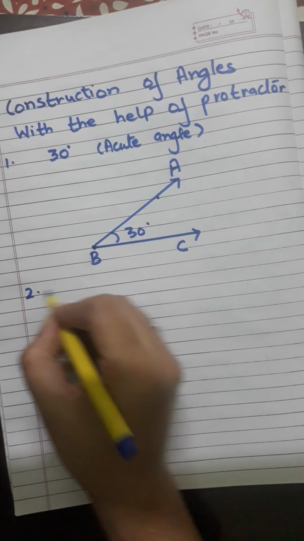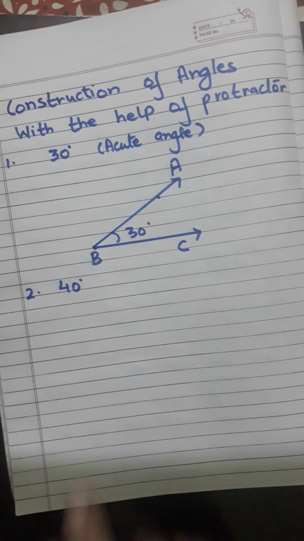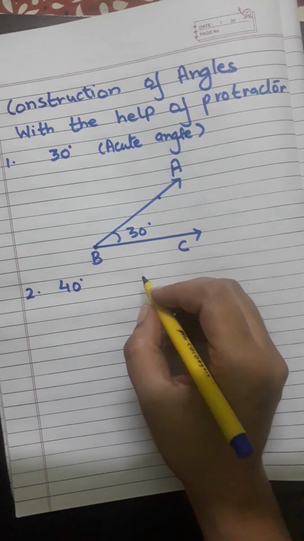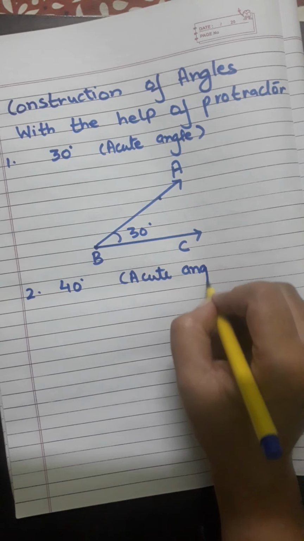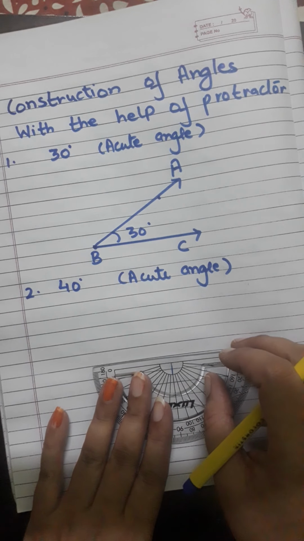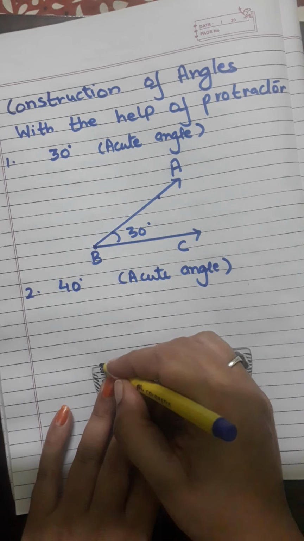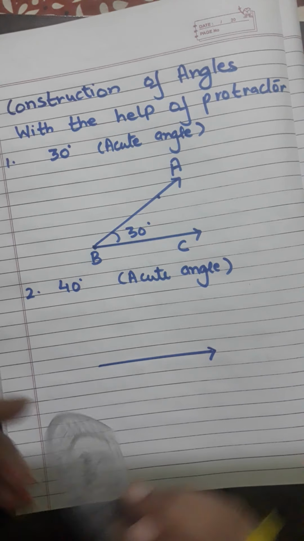Similarly, I will tell you how to make a 40-degree angle. Again 40 degree is an acute angle. So in the same way you make a straight line like this. You have made a straight ray.